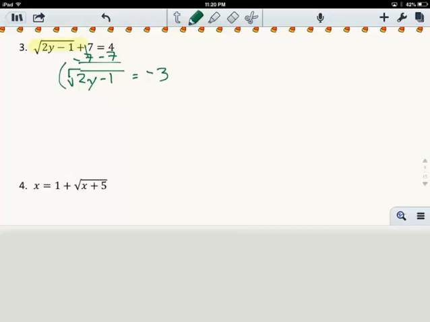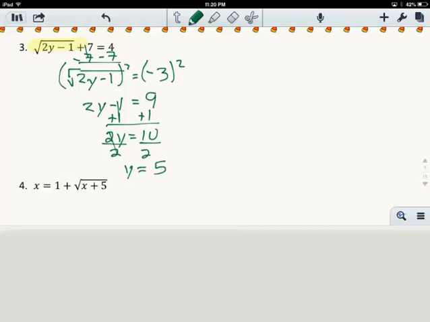We're going to go ahead and square both sides, and we'll end up with 2y minus 1 equals negative 3 squared, which is 9. Add 1, and you'll have 2y equals 10. Divide that out, and you should get y equals 5.